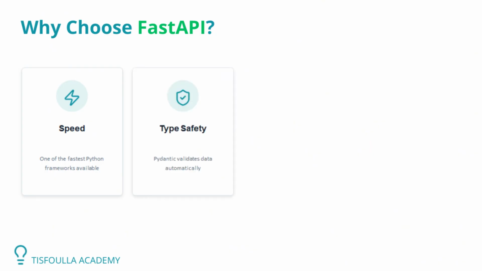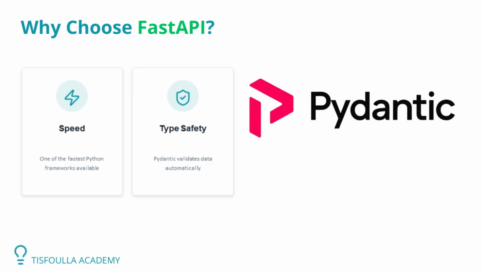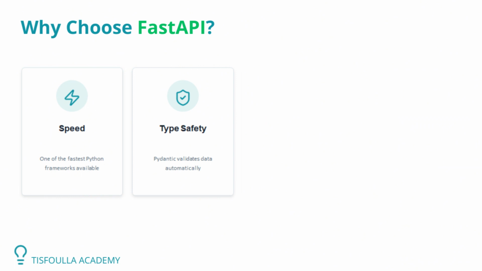The second reason is automatic data validation. FastAPI uses a powerful library called Pydantic to validate incoming data automatically. Instead of writing validation logic manually, FastAPI checks that the data matches the expected format before your endpoint function is executed. This helps prevent many common errors and makes your code more reliable.